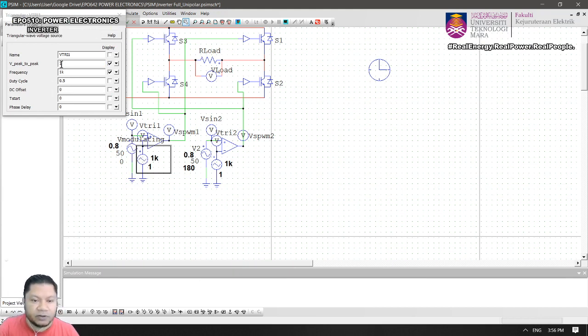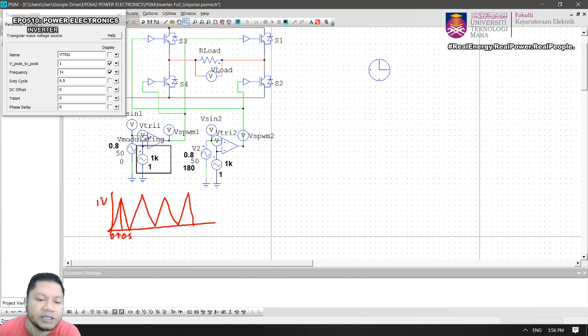What it does is, for this source, the triangular carrier signals, it always produces this type of waveform. If you put this peak to peak, this will be 1 volt, and then 0.5 duty ratio, so you will have 0.5 here, 0.5 there, an equal triangular signal, because sometimes you may want it to be a sawtooth signal.